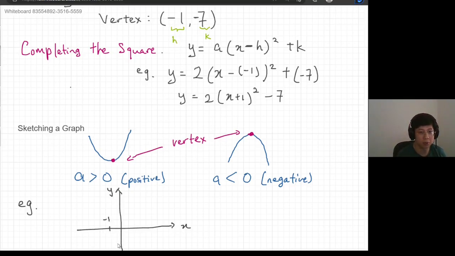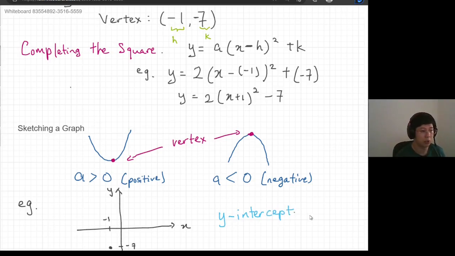So let's say it would be here, negative 1, negative 7. I would mark this point on my graph directly. After that, it's a matter of sketching out the shape. But if you're uncomfortable with just sketching it out like this, another important point that you could find before drawing it out is the y-intercept.